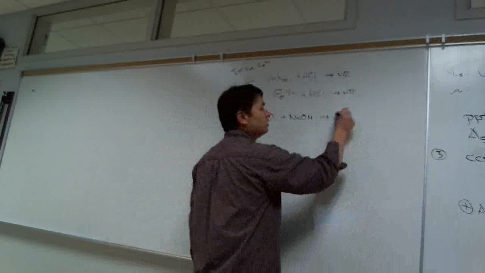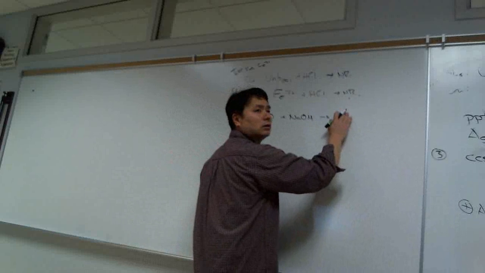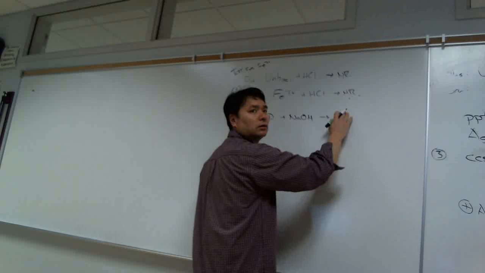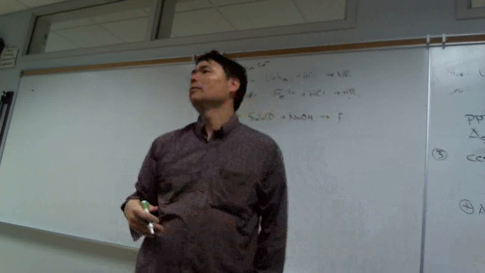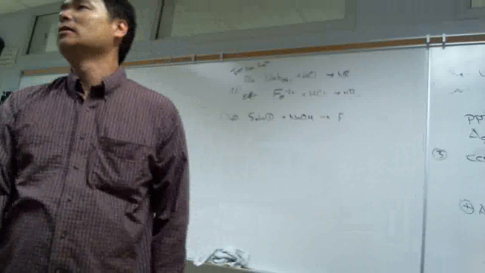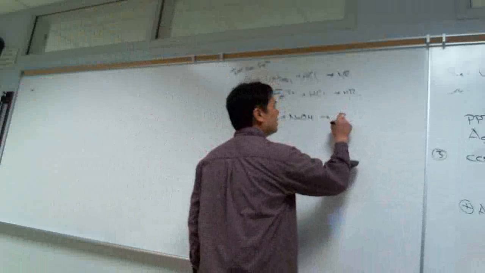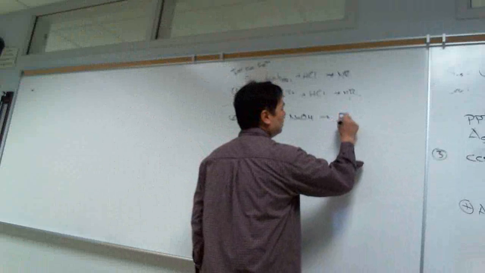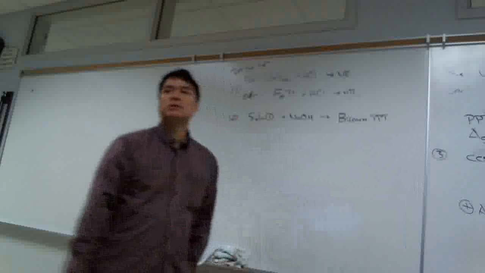Well, this should result in a clear solution. It's going to neutralize the acid, but we keep adding it until we get a precipitate. What color is iron 3 hydroxide? Yeah, we should get a brown precipitate. Sometimes it's hard to see because it's mixed with other colors, right?